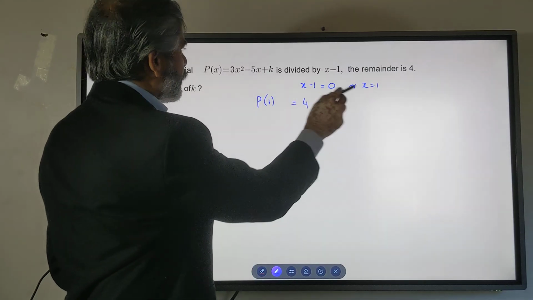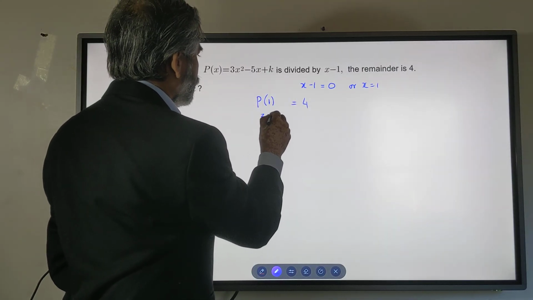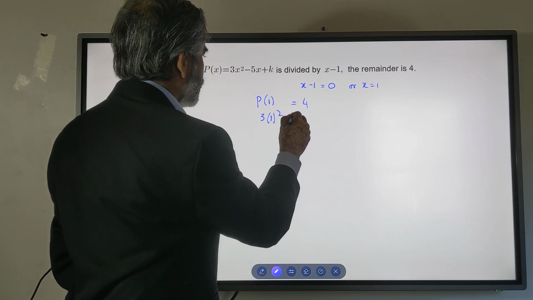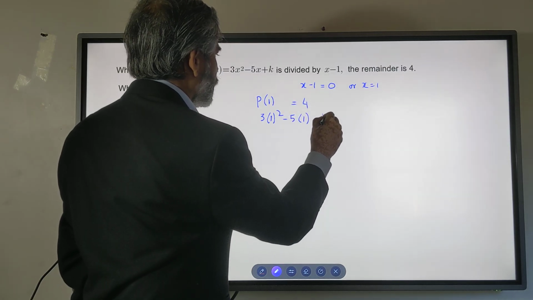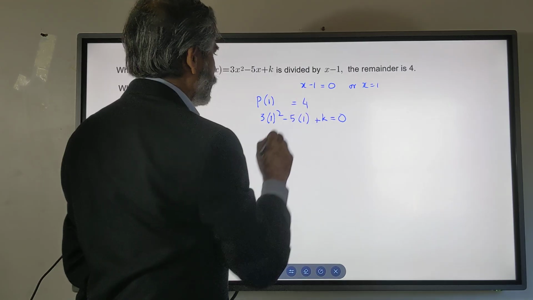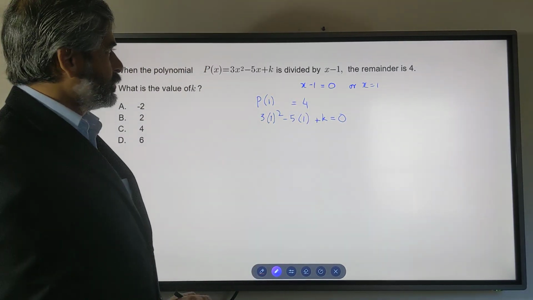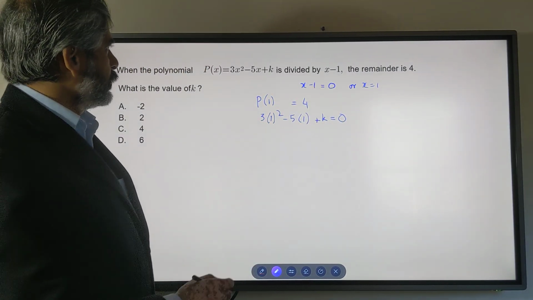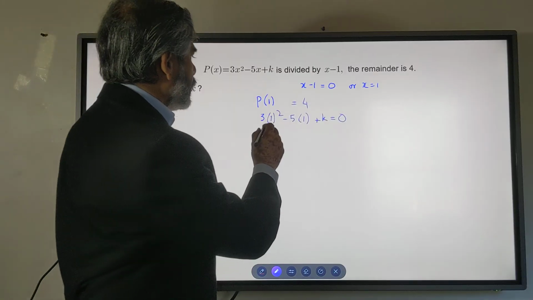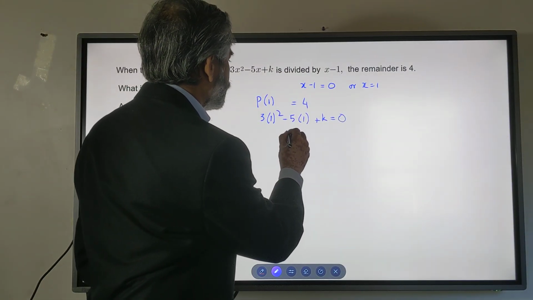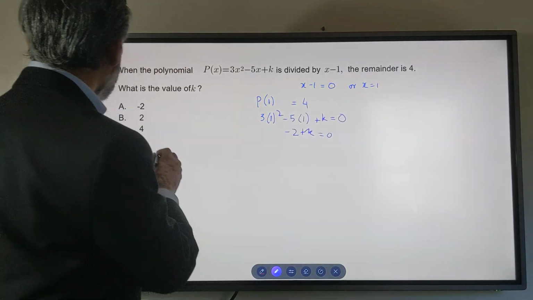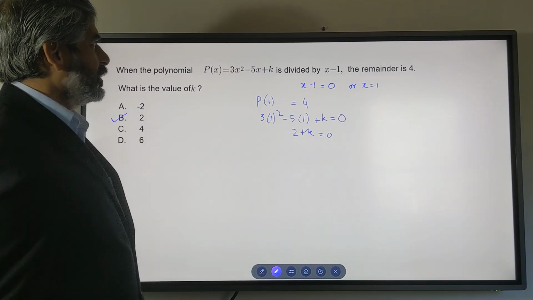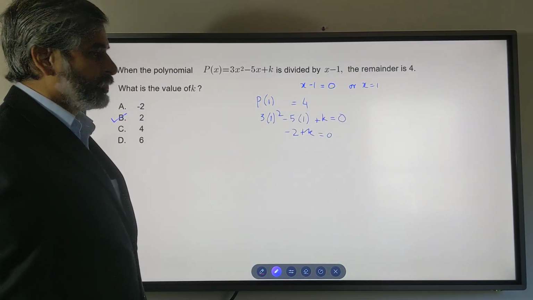We substitute 1 instead of x, so 3 into 1 squared minus 5 into 1 plus k is equal to 4. Okay, then 3 minus 5 is minus 2 plus k equal to 4, or k is equal to 6. This is going to be the right answer.